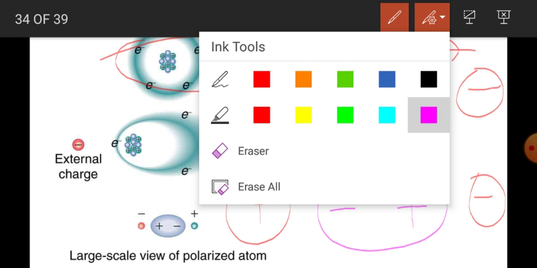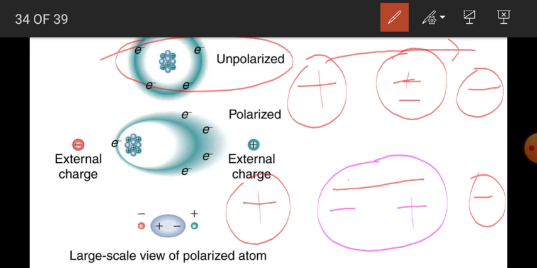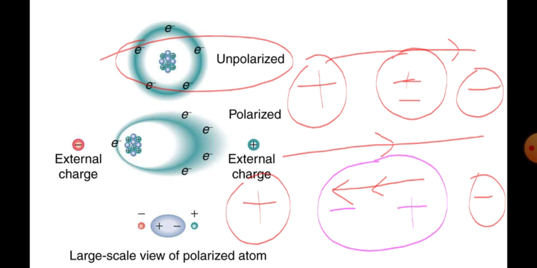So the atom is creating its own electric field in the opposite direction to the external electric field. We call it polarization. Due to this opposite induced electric field, the effect of the external electric field gets reduced.